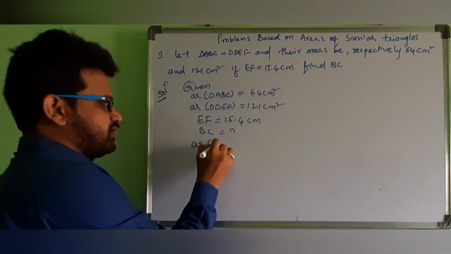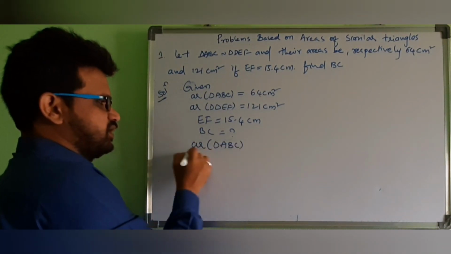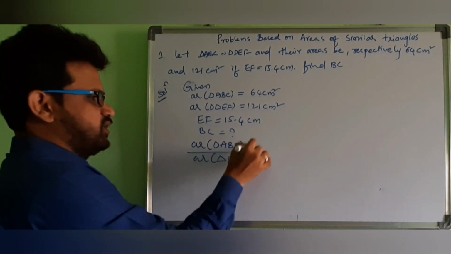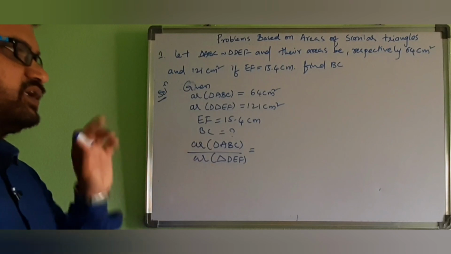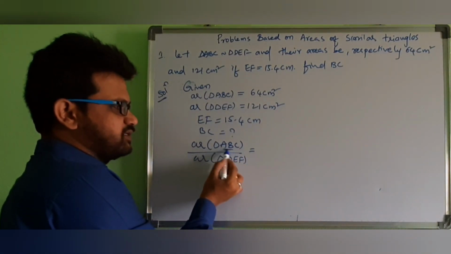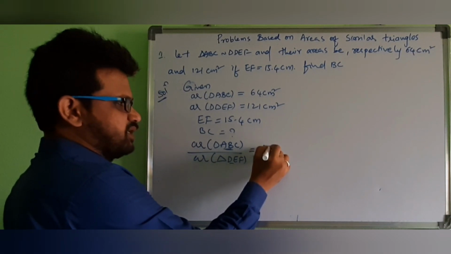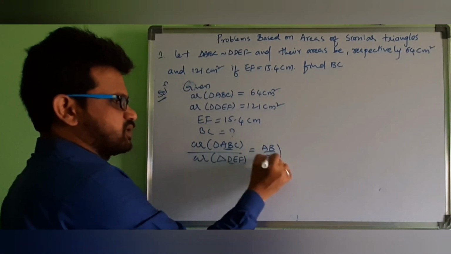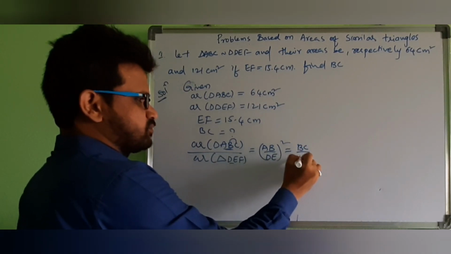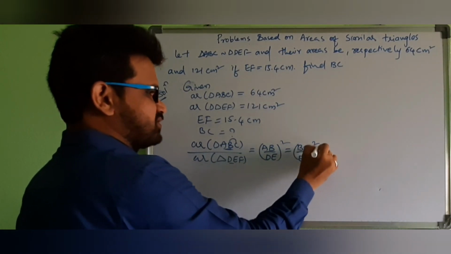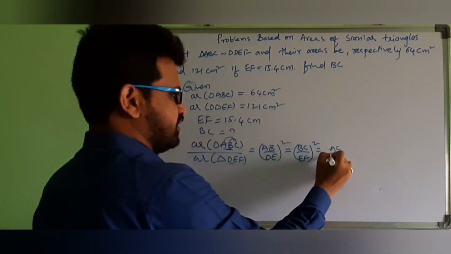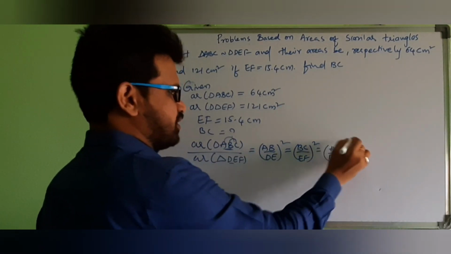Area of triangle ABC divided by area of triangle DEF is equal to the ratio of the squares of their corresponding sides, that is AB by DE whole square is equal to BC by EF whole square is equal to AC by DF whole square.